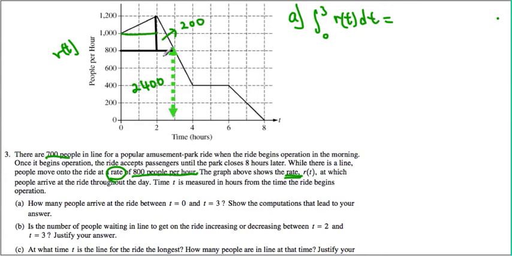Here, if I cut this, 200 is the height and 2 is the base, so it becomes 400. And here, 2 is the base, and 200 divided by 2 becomes 200 here. So when you add up everything, 2400 plus 400 plus 200 and an additional 200 becomes, I believe, 3200.